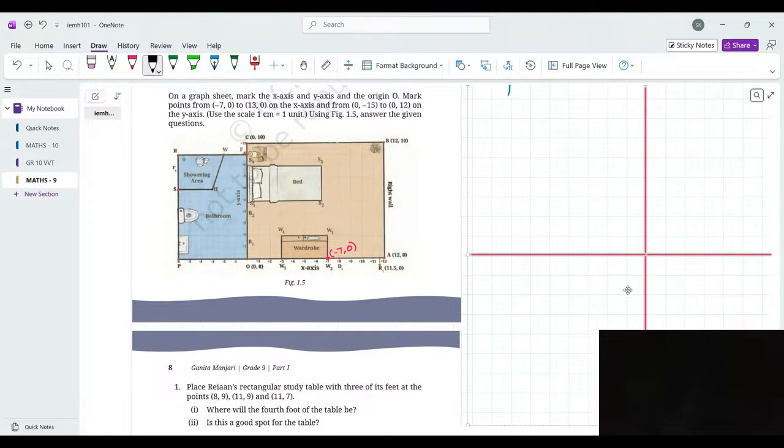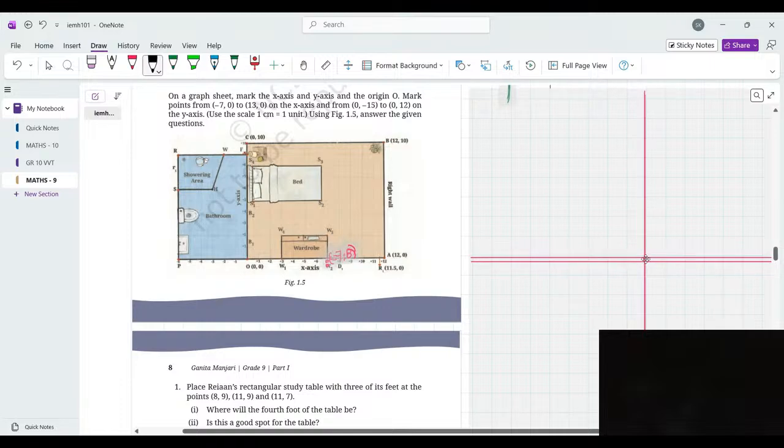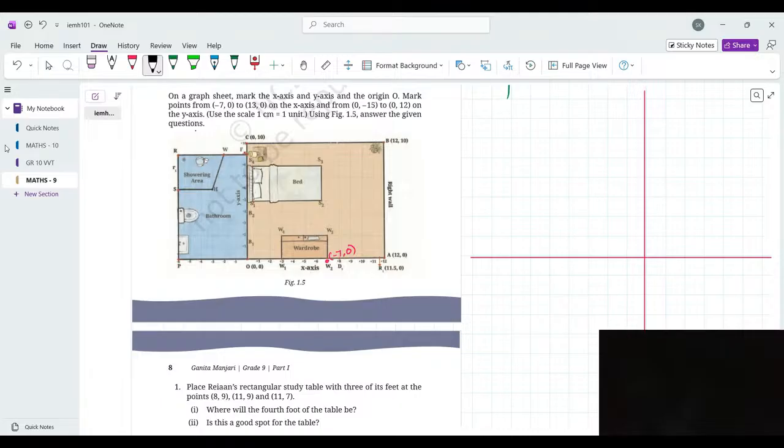Let us mark the points. Imagine we just marked all these: -3, -4, -5, -6, -7, -8.